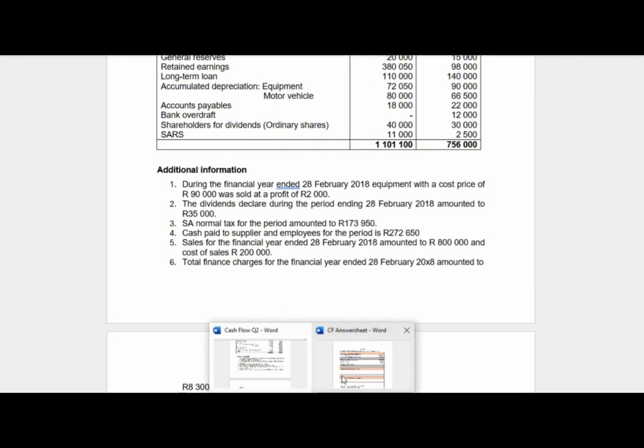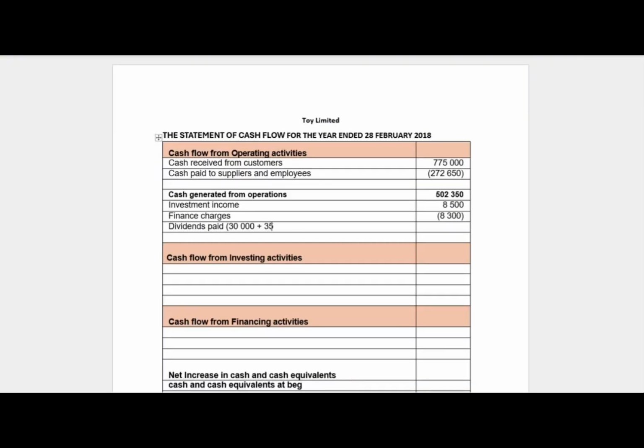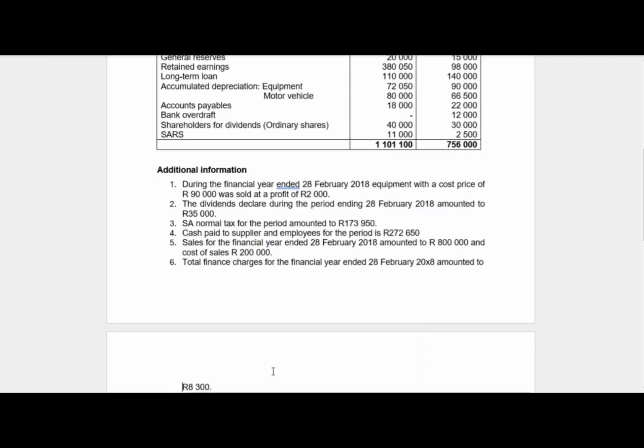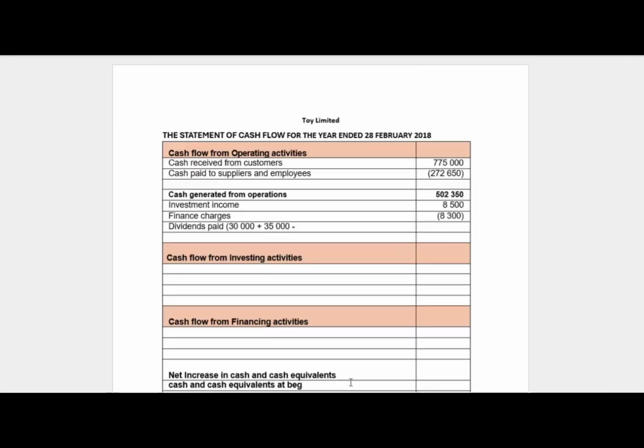So you say 35,000, and then you less dividends, I mean shareholders for dividends at the end. Shareholders for dividends for 2018, which is the current year, is going to be how much? 40,000. You less 40,000. How much is the amount of dividends you've paid? Minus 40,000. You close brackets.